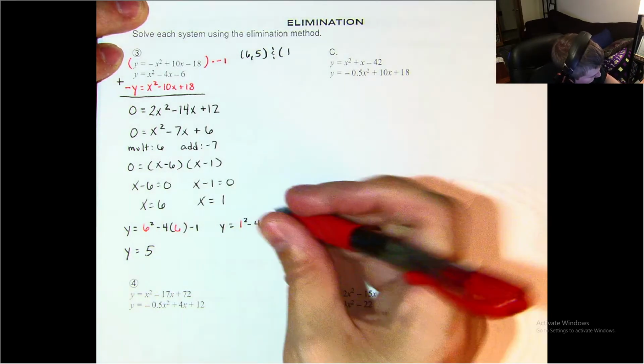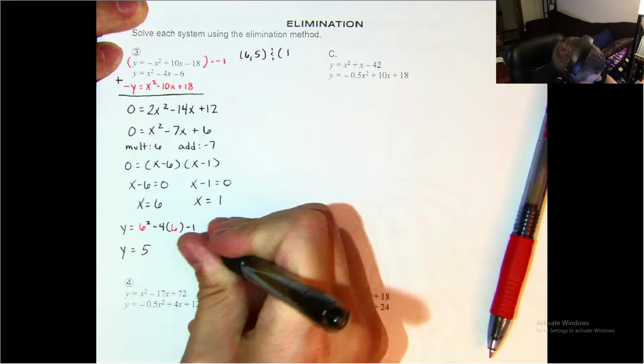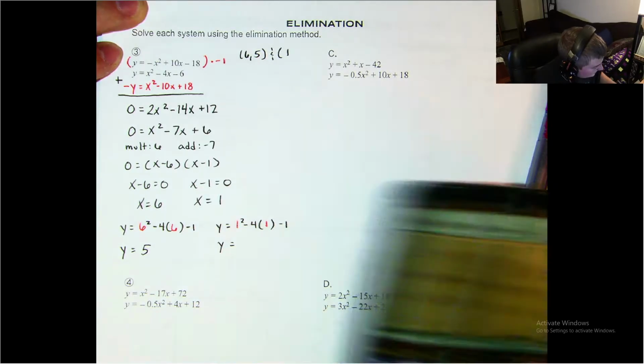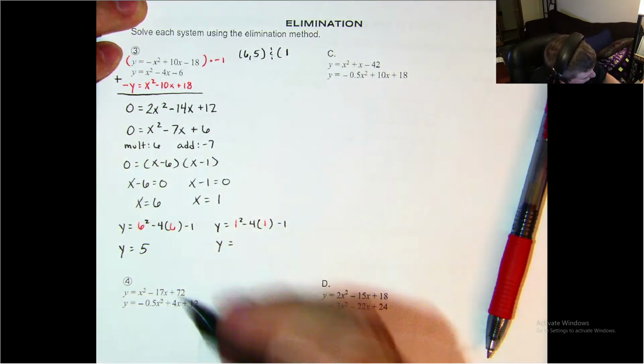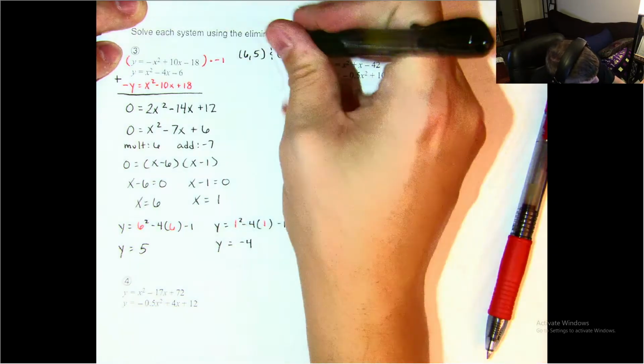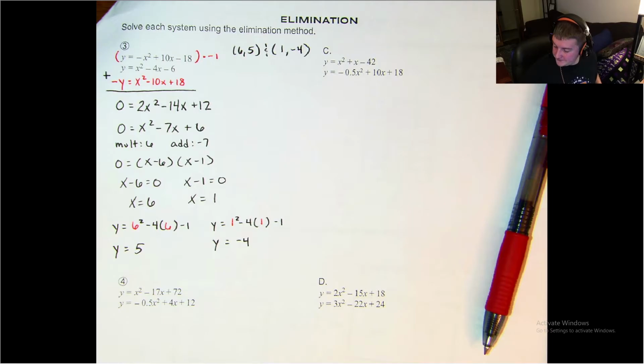All right, and I know I'm kind of picking up the speed here a little bit, but I know we don't like the videos longer than they have to be. So then here I'm going to do the same thing. 1 squared minus 4 times 1 minus 1, which is negative 4.